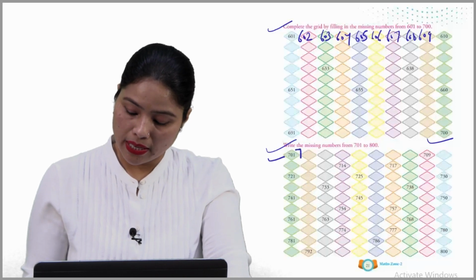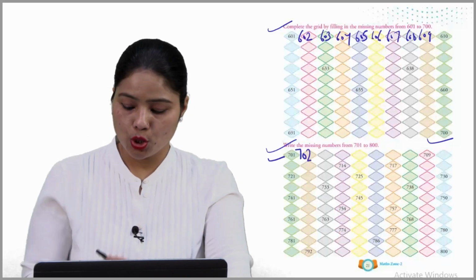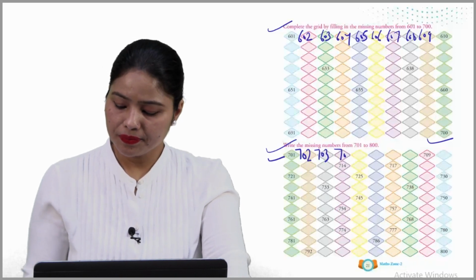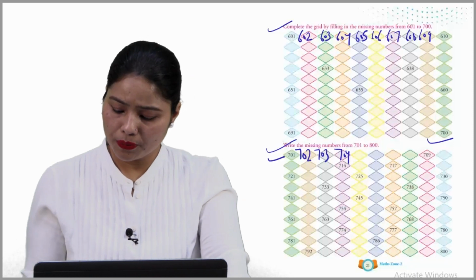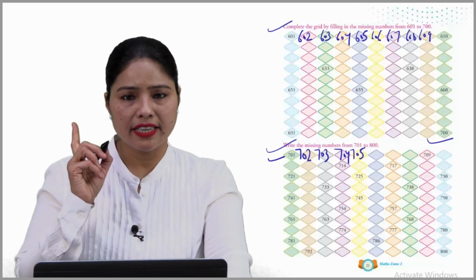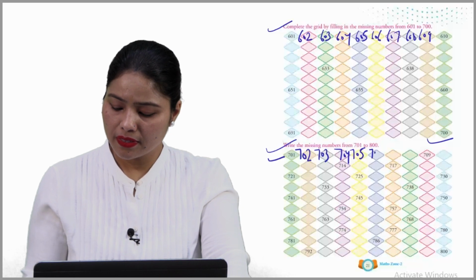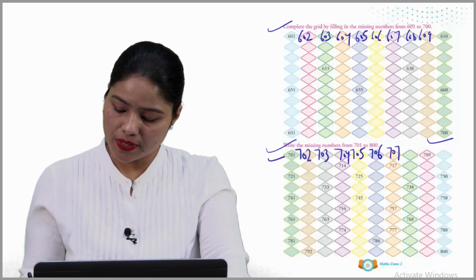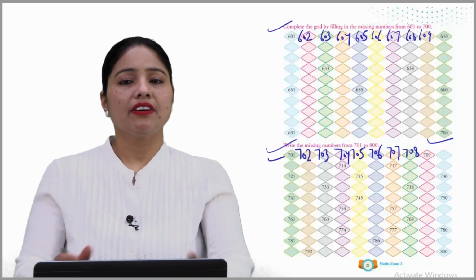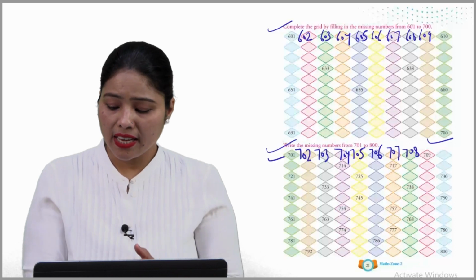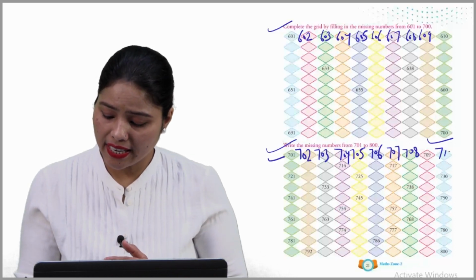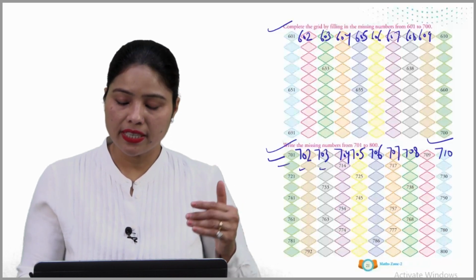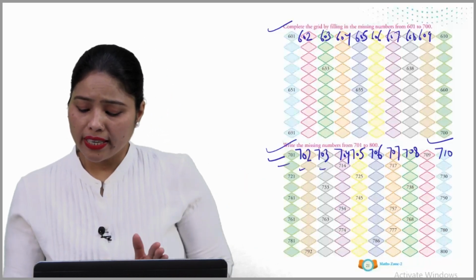So after 701, 702, then 703, then 704, then 705 comes, then 706, then 707 comes, then 708, then 709, then 710. After 710, 711, 712, 713, until it goes to 800.